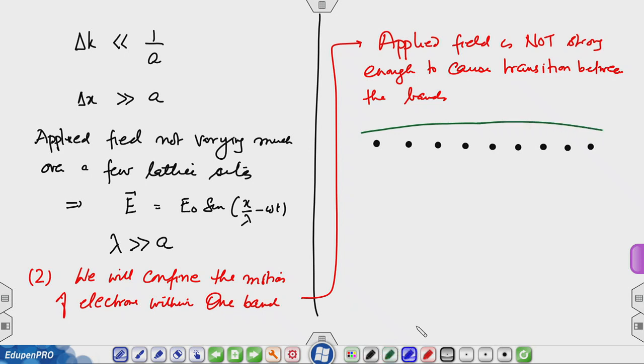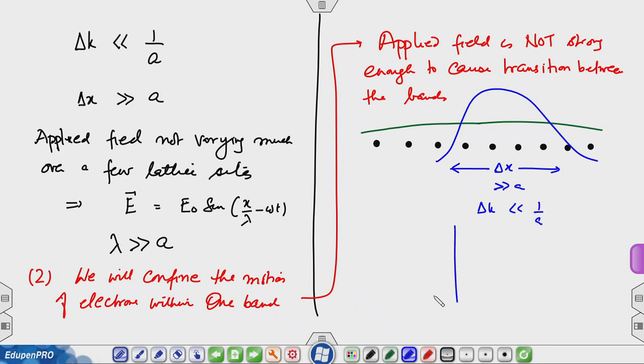I have a wave packet which is like this. So, this is delta x much greater than a and delta k much less than 1 over a. So, if I look at the motion in the Brillouin zone, this is the wave packet.